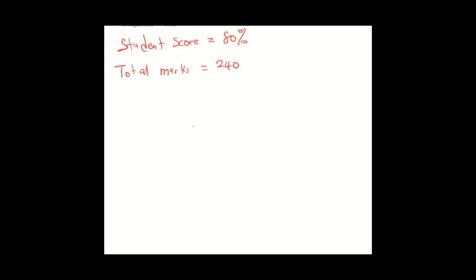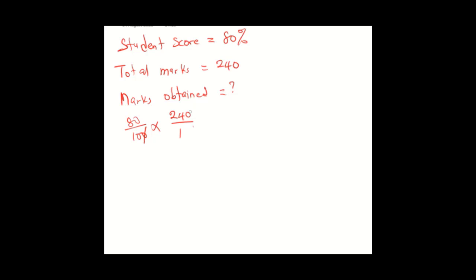We are looking for the marks this student actually obtained. So marks obtained is equal to what we don't know: 80 all over 100 times 240 all over 1.